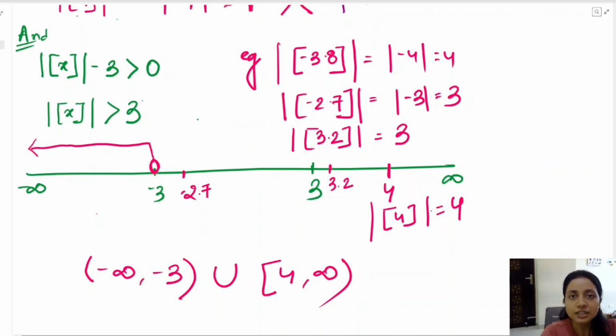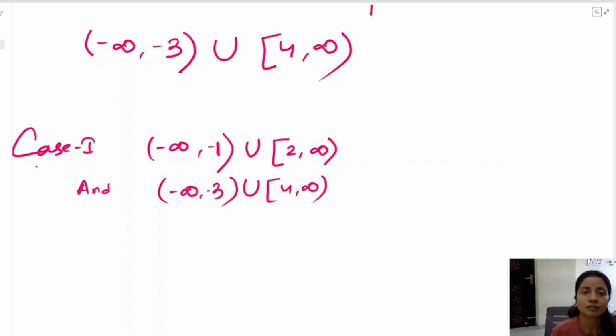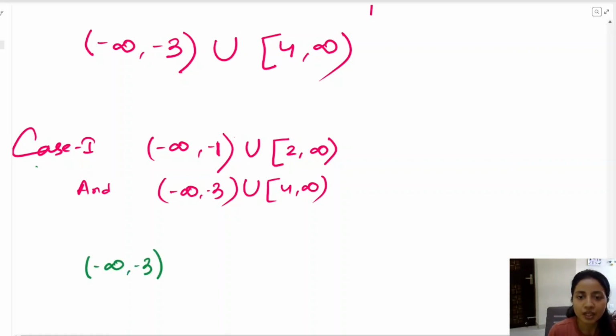Now we are done with case 1. Let's write the final solution for case 1. That means the intersection of both the solutions. We need to take the overlapping region of both these solutions. One goes from negative infinity to negative 1 and the other goes from negative infinity to negative 3, so we'll be taking negative infinity to negative 3.